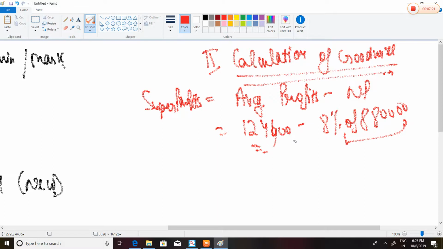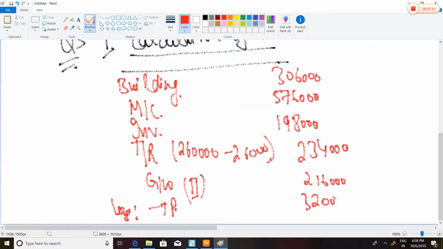2,60,000 less trade payables 3,20,000. 12,10,000 is the purchase consideration. You know the purchase consideration is 12,10,000.